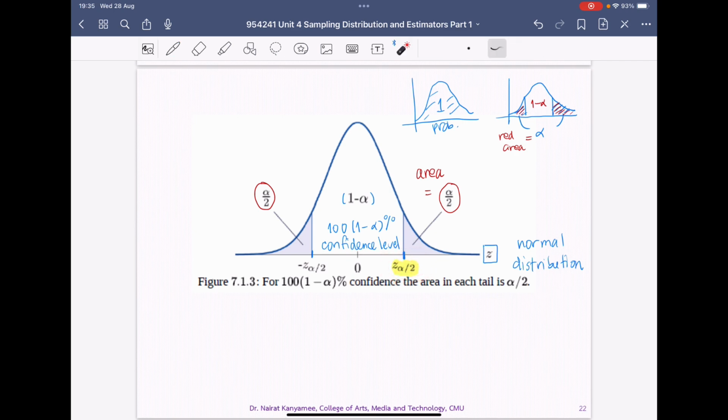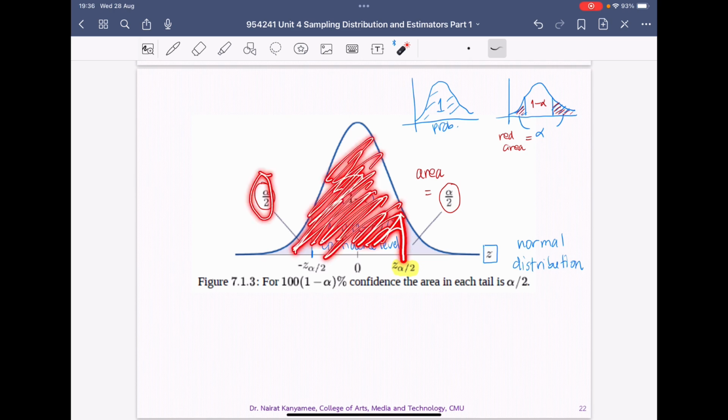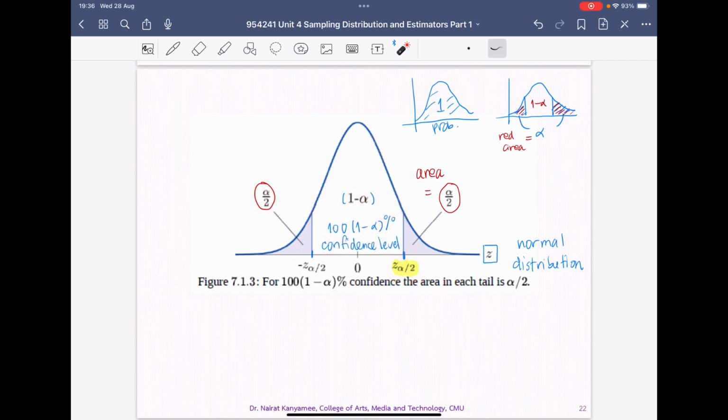You get it by looking for the z score from the table, so that the area underneath up to here is 1 minus alpha plus alpha over 2. You look at the whole area and look for the z related to this area, and you will get this z alpha over 2 from the table.